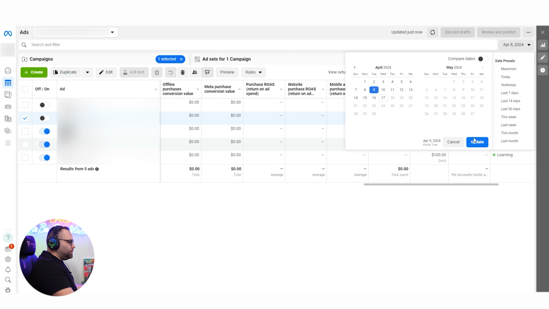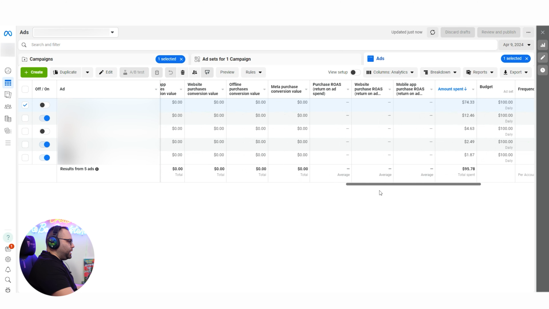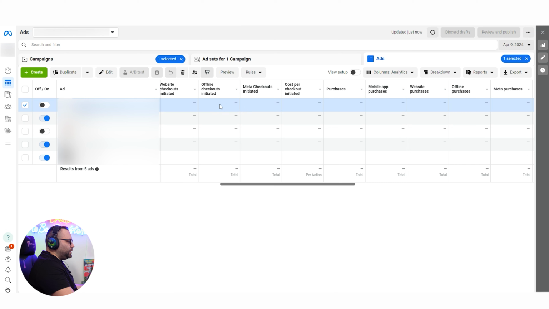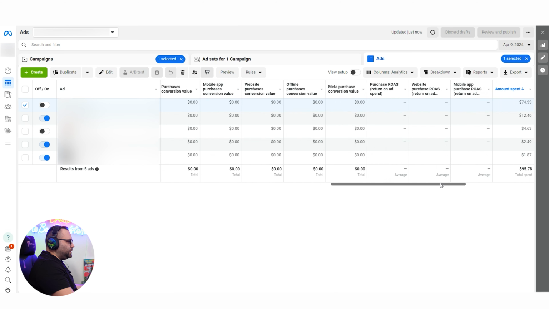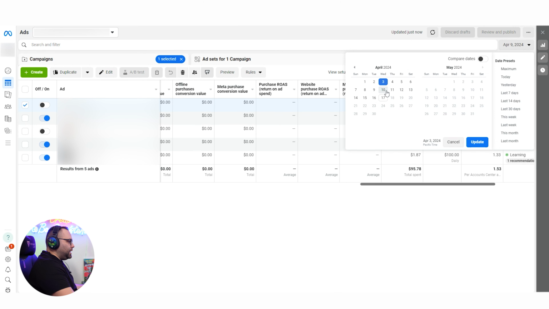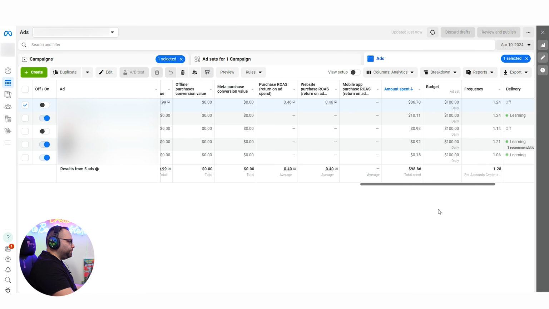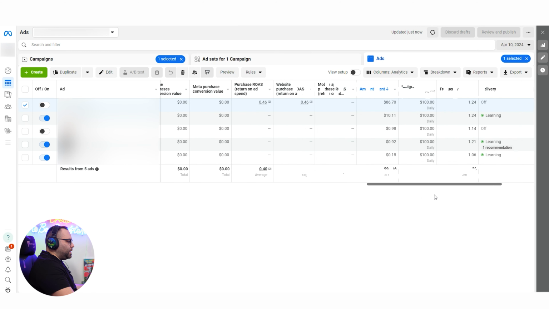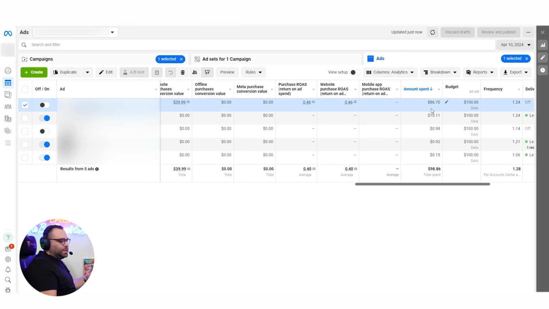We were not running, so on the 9th, we have this situation over here: 0 checkouts, 0 purchases, and the next day, we are just having 1 sale, but still it's taking all of my budget, so I have to intervene. So in the second day, even while it had 1 sale, I didn't give it time. I just closed it in order for another ad to become the leading ad, and it actually worked.